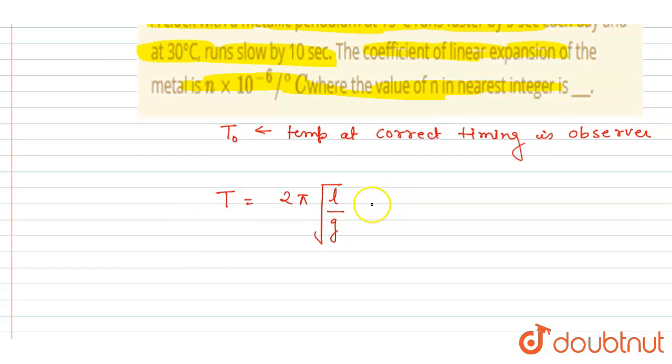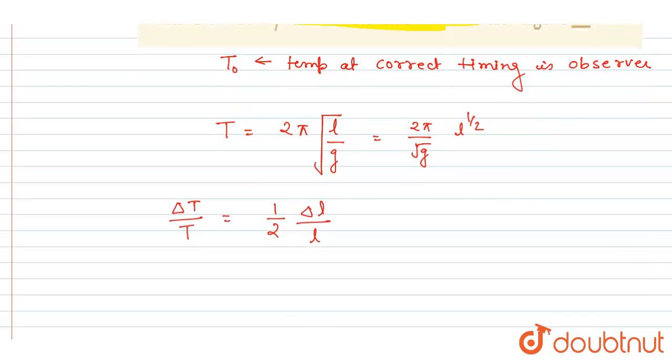The power of length is half, so we can write that the change in time period by original time period is equal to half of the change in length.